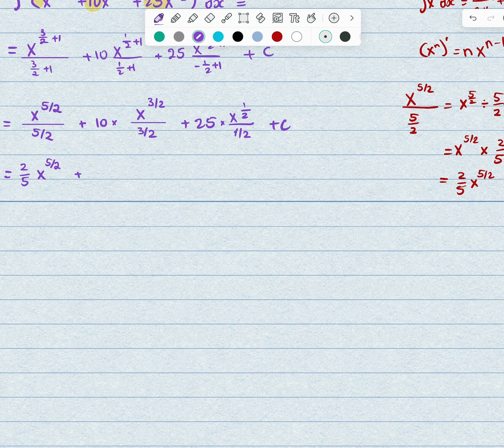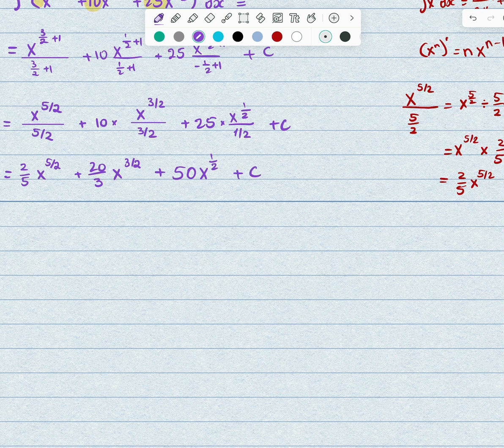For this fraction, we do the same. Just flip it: it's 3/2, so it's going to be 2/3, and times 10, that's 20/3, x to the power of 3/2. And plus, the fraction on the denominator, when you flip it, is going to be 2/1, which is 2, times 25 will be 50 on the top, times x to the power of 1/2, plus c.